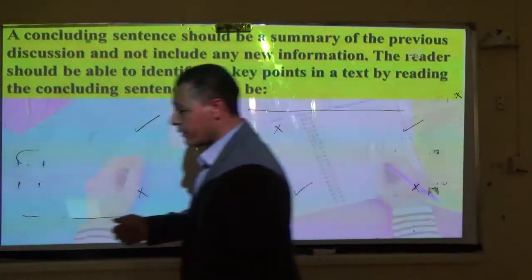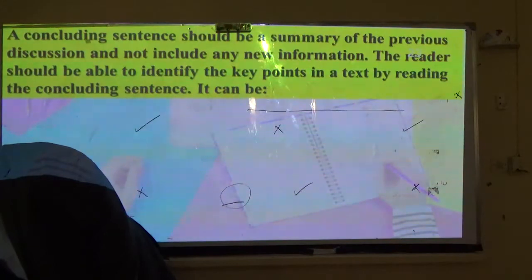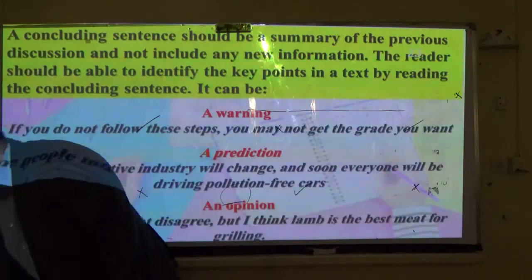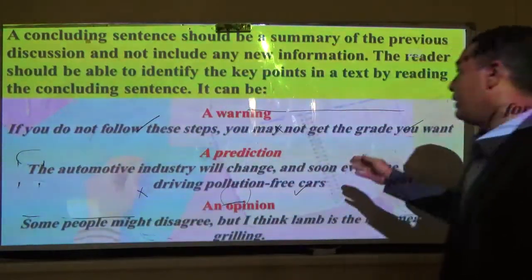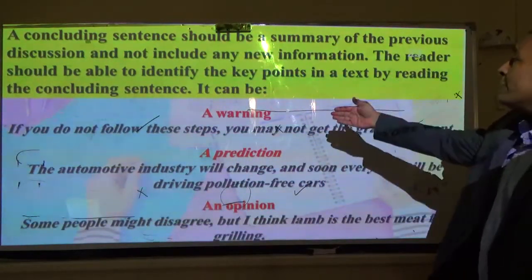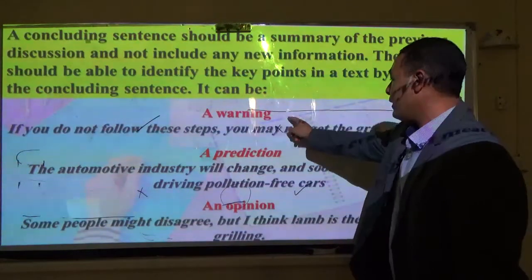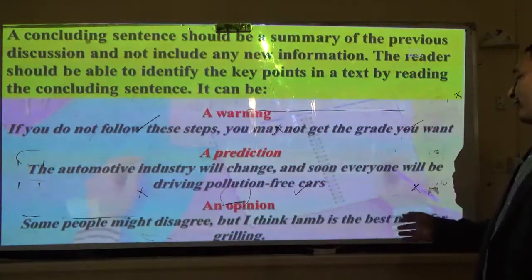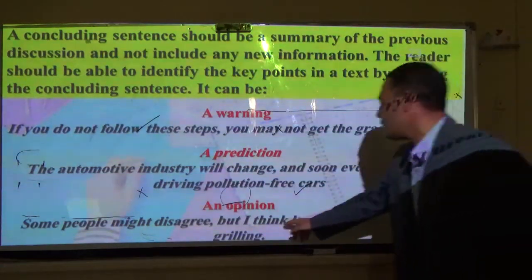It can be maybe a prediction, warning, or an opinion. So the concluding sentence can be a warning, a prediction, or an opinion. Some people might disagree, but I think this is your opinion.